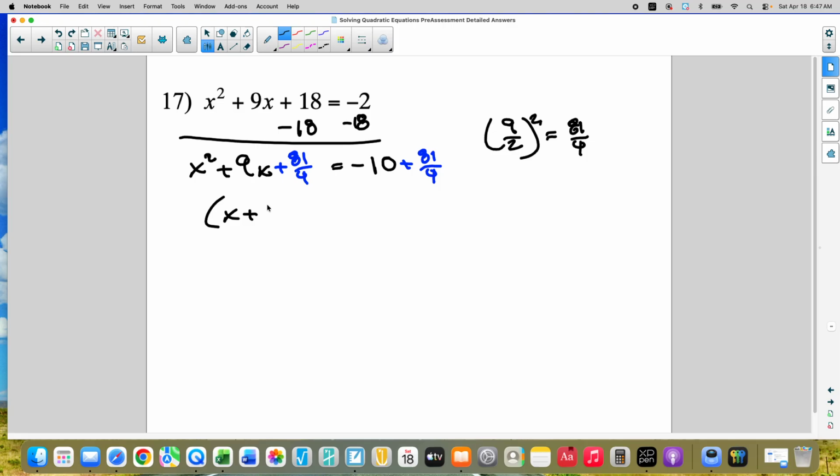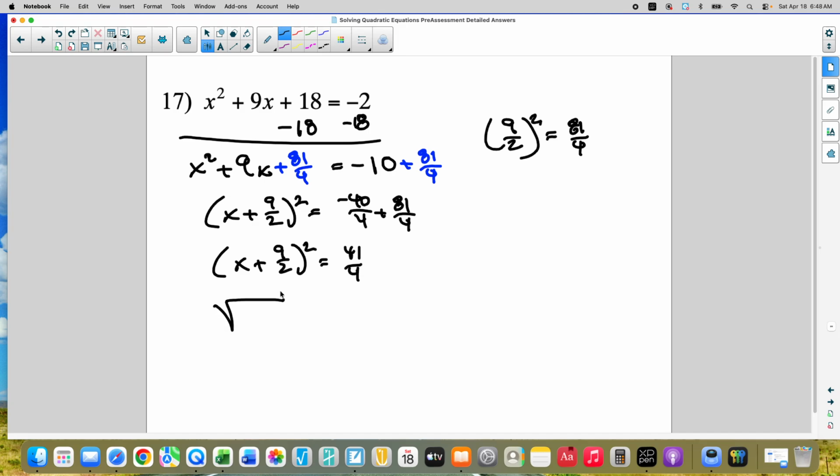X plus 9 halves, quantity squared equals, now we're going to make this into fourths. That's negative 40 fourths plus 81 fourths. X plus 9 halves squared equals 41 fourths. How ugly is that? That's not so pretty.